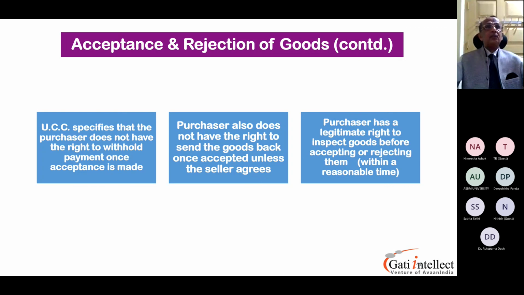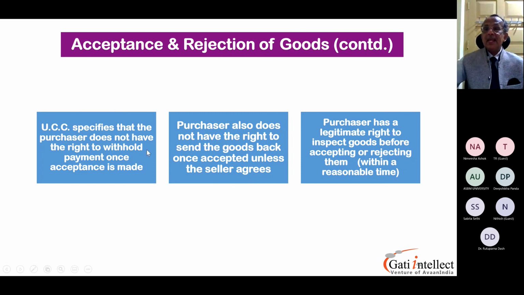In a country like Saudi Arabia, once goods have landed, nobody can touch them until the consignee gives a letter of no objection. So the law can vary from country to country.